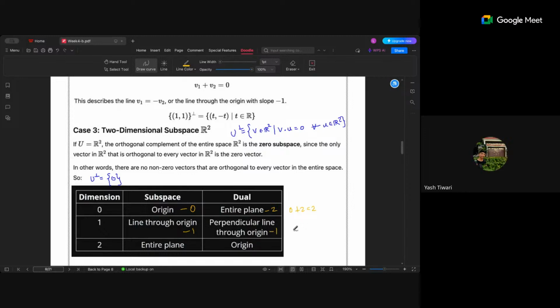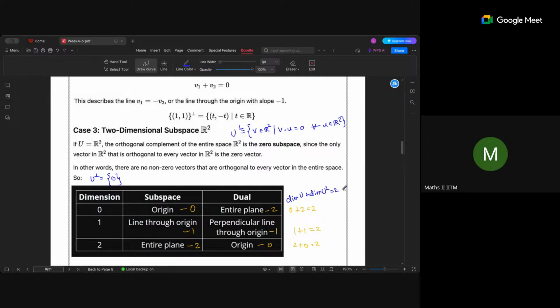Also 1. So 1 plus 1, again you get 2. And this? 2. And here? 0. So again 2 plus 0 is 2. So the dimension of the subspace plus the dimension of the orthogonal complement is 2.